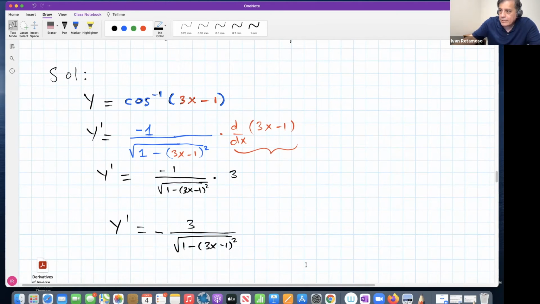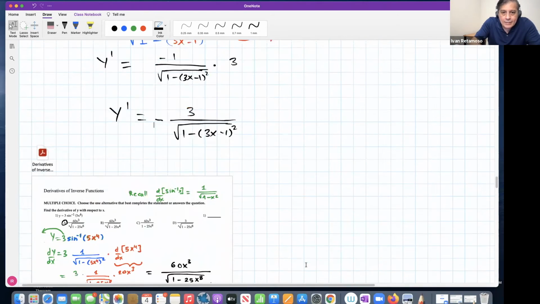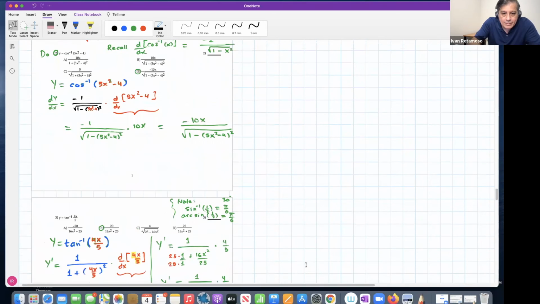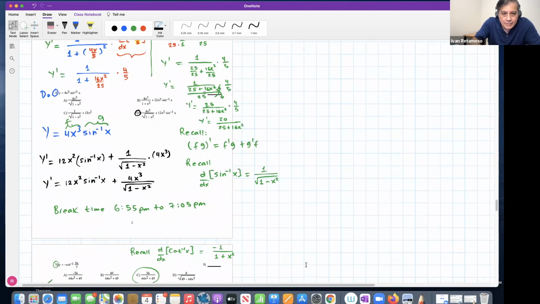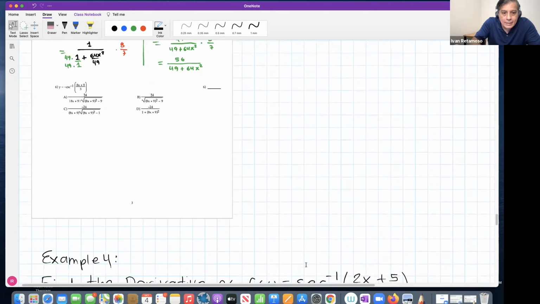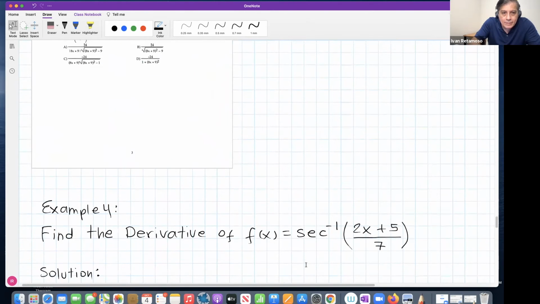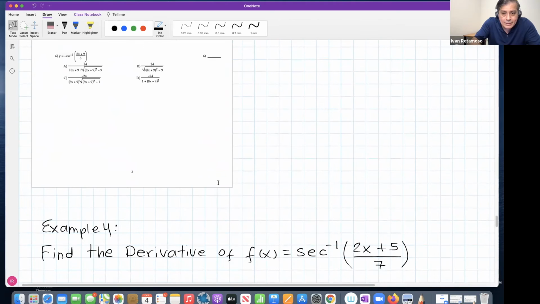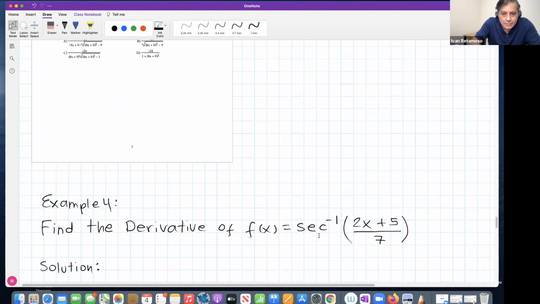All right, so now let's go back to the worksheets and see if we can do more. We did this one. Let's do one with secant inverse, but for that, let me explain how this works.